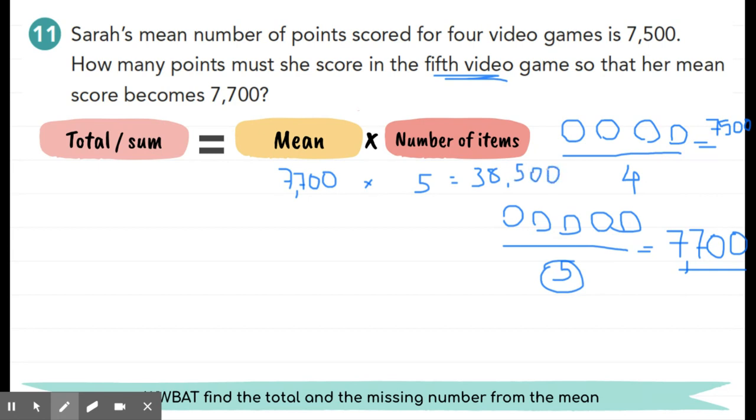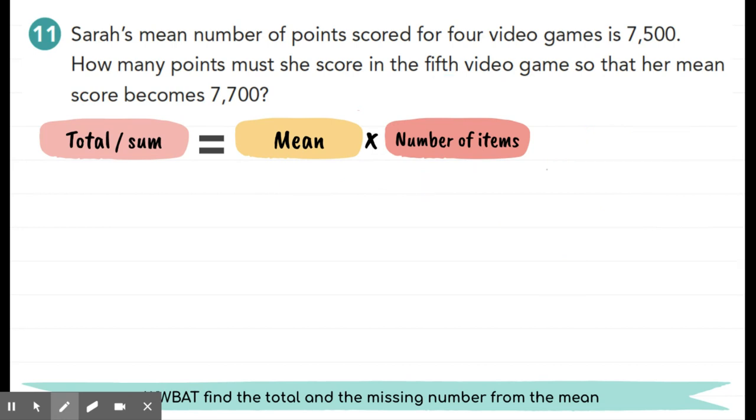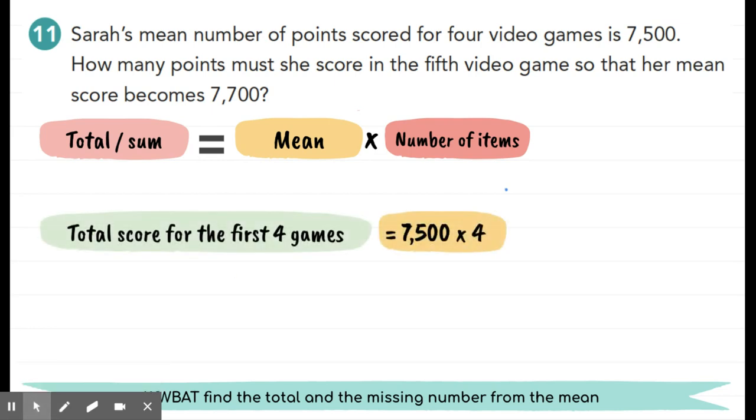For the next step, you would have to find out what's the total of the 4 games. So the score of the first 4 games, they didn't give us the individual scores, but we know that all of them divided by 4 gives us 7,500. So we can just multiply 7,500 by 4.